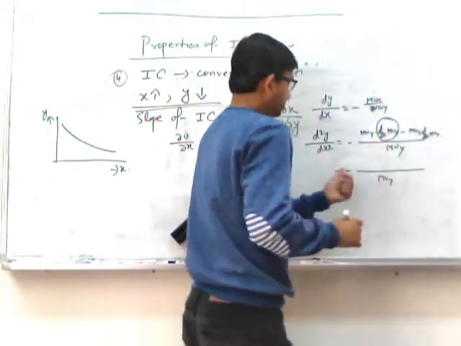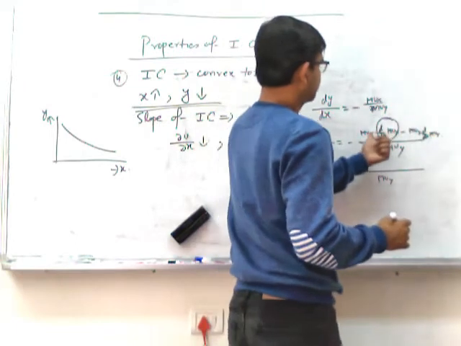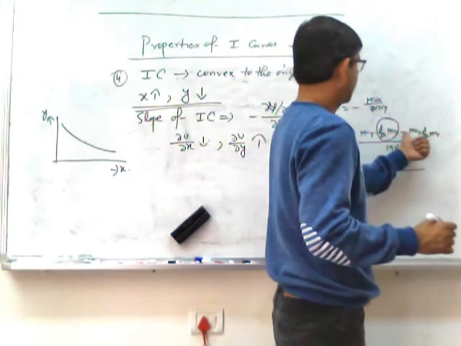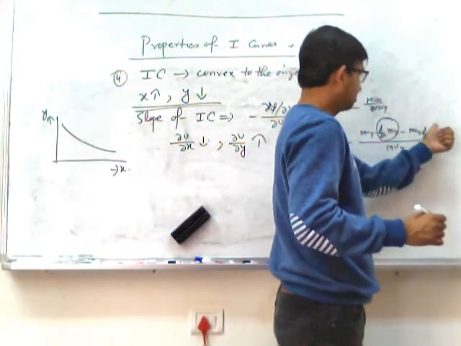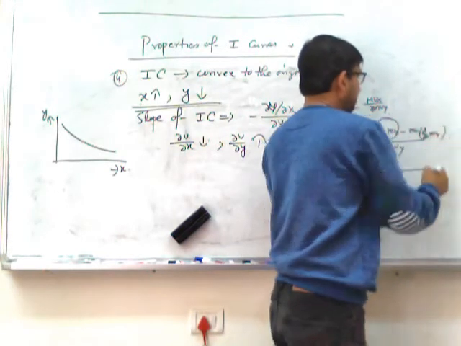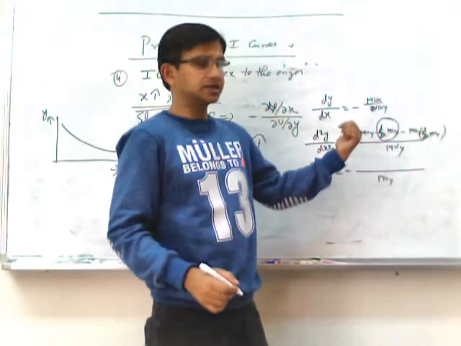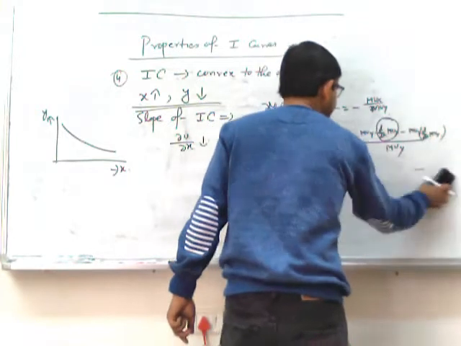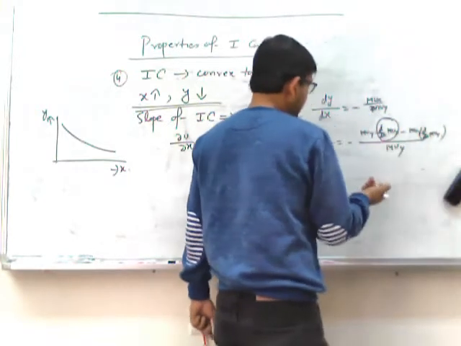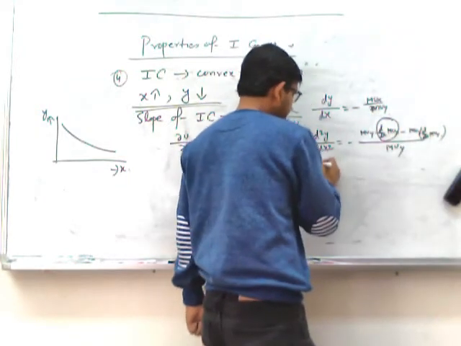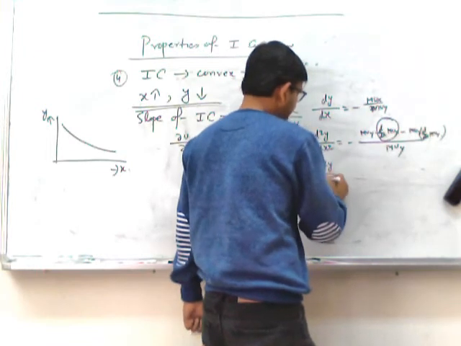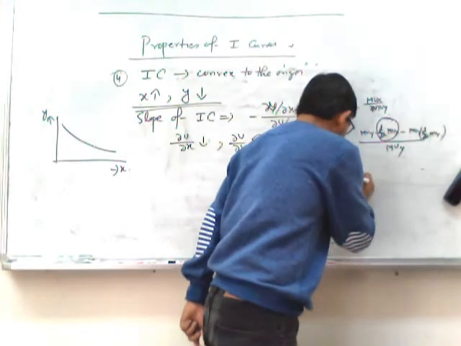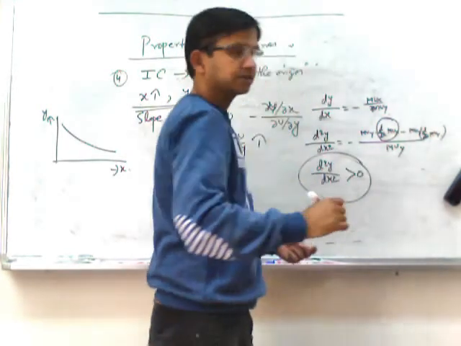So, negative multiplied by negative equals positive, and here minus multiplied by minus, this term will be positive. If x rises, marginal utility of y will rise. So, the numerator is positive, the denominator is positive. So, d2y by dx2, which is the curvature, is greater than 0. That means this curve is convex to the origin.